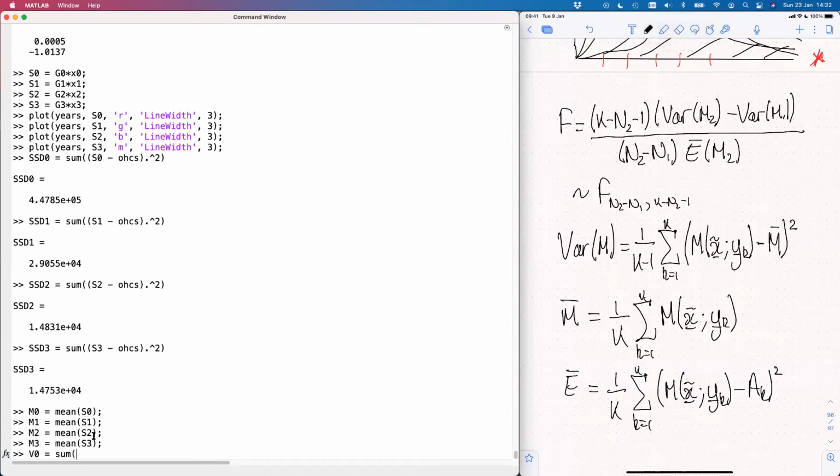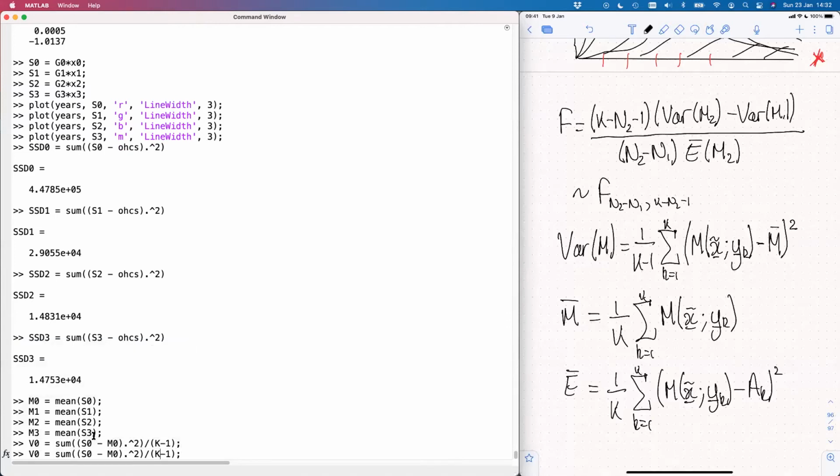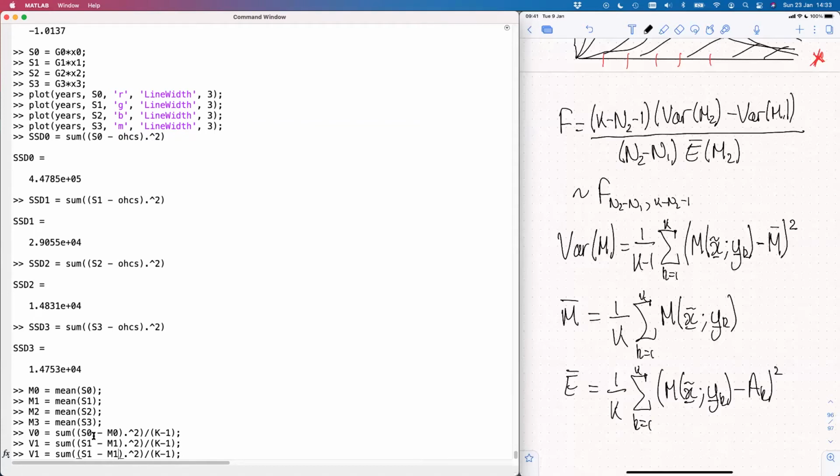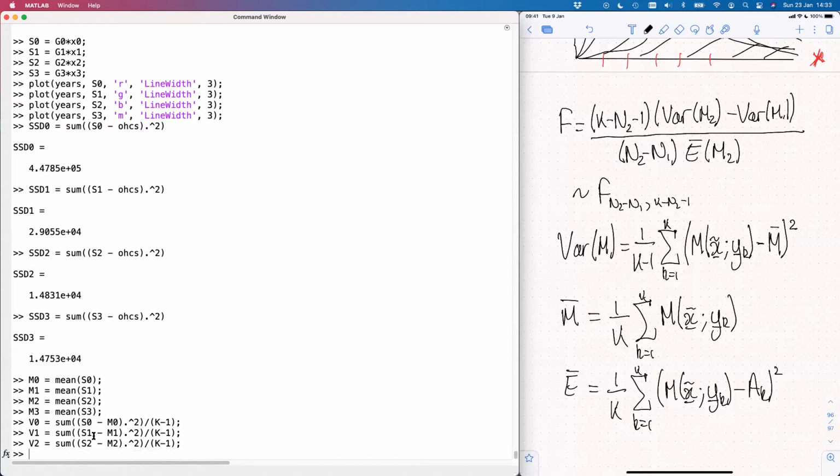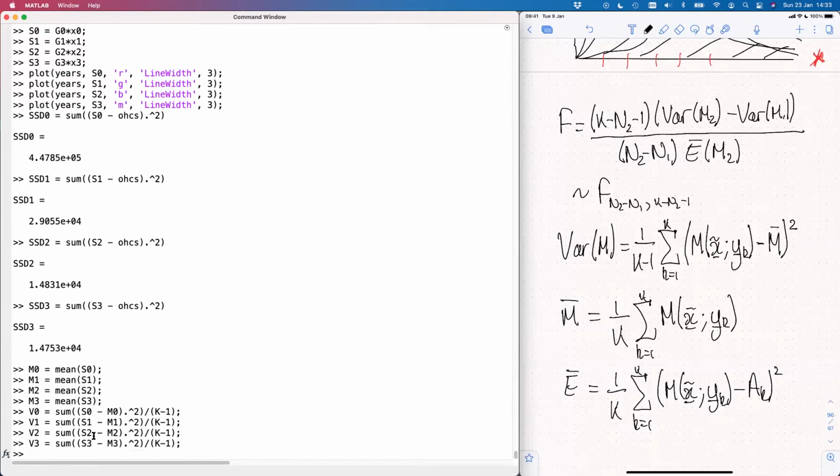Sum of S0 minus M0 squared, all divided by K minus 1. Let's repeat that for the other models.